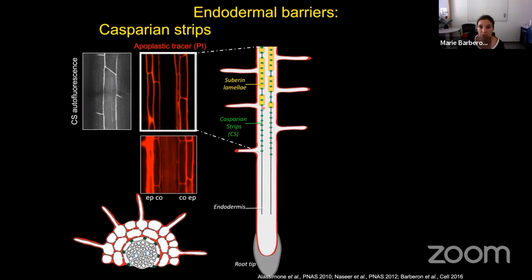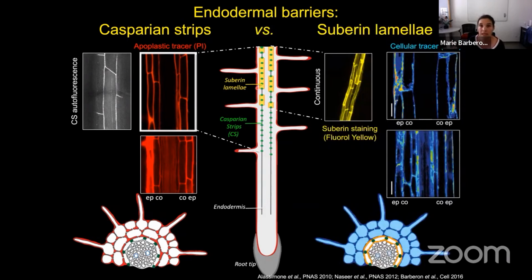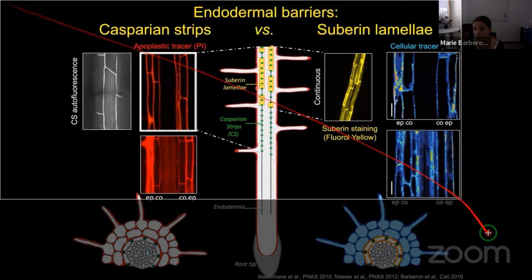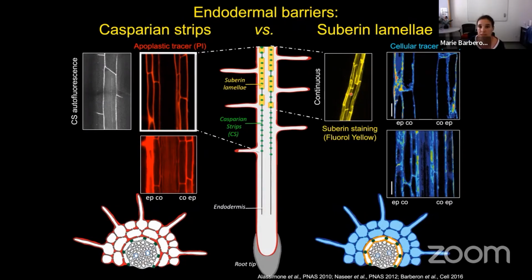But later in the root, in the endodermis, a second barrier is established that corresponds to suberin lamellae. This suberin is a hydrophobic polymer that coats the periphery of endodermal cells. We can easily visualize it with stainings for suberin in the entire root. Suberin is not an apoplastic barrier. It is a barrier of diffusion, or a barrier for the transcellular pathway.